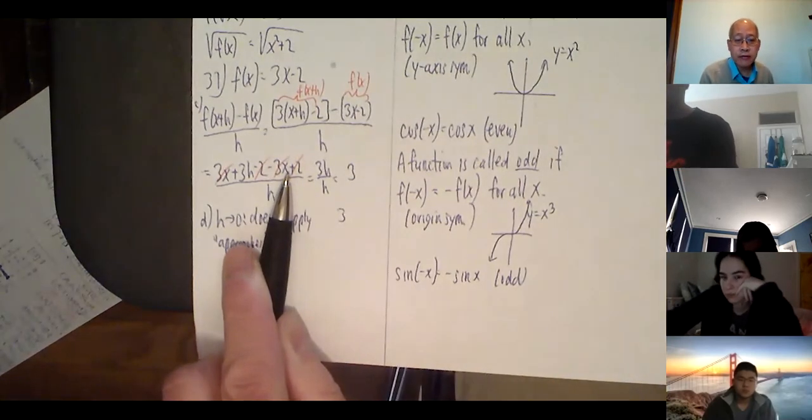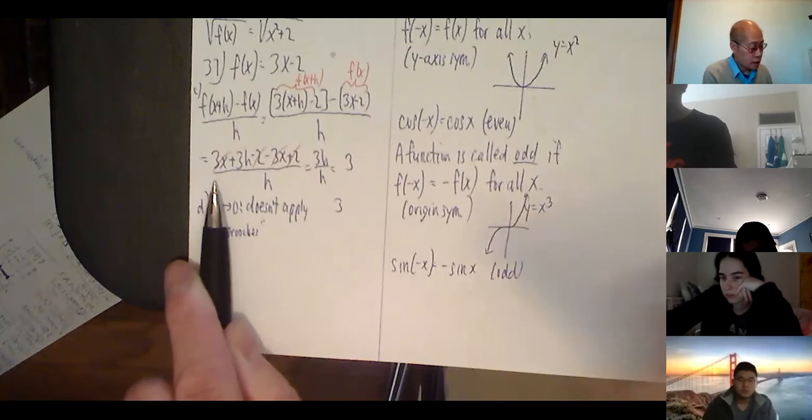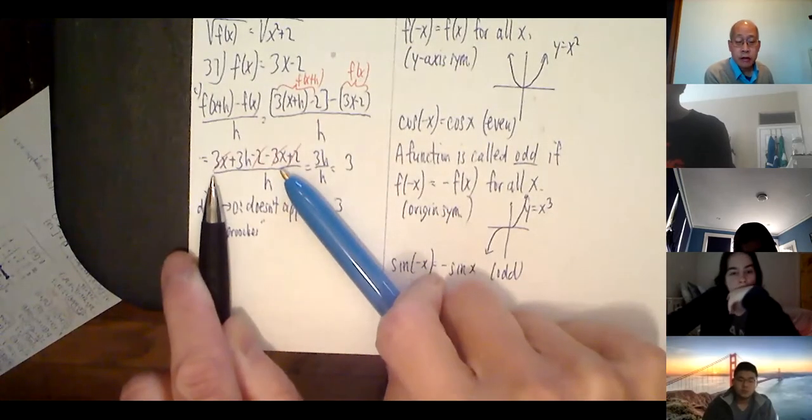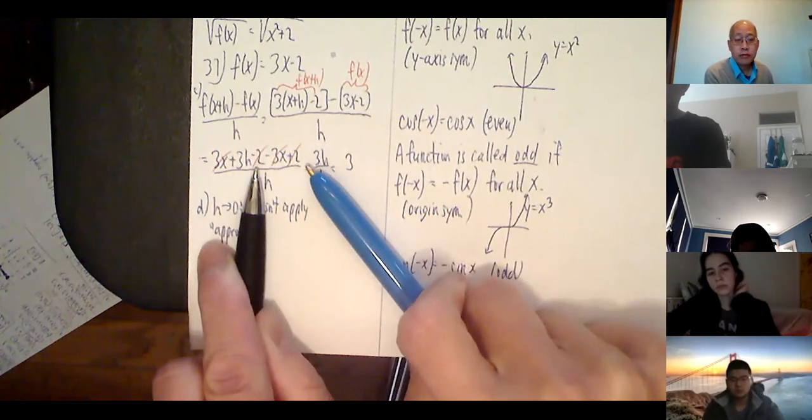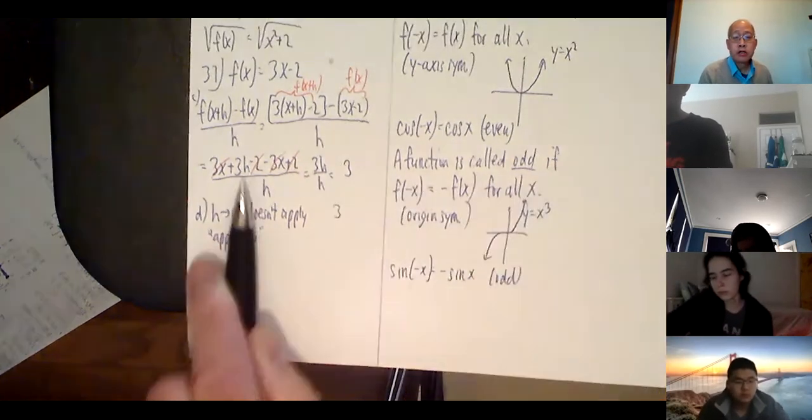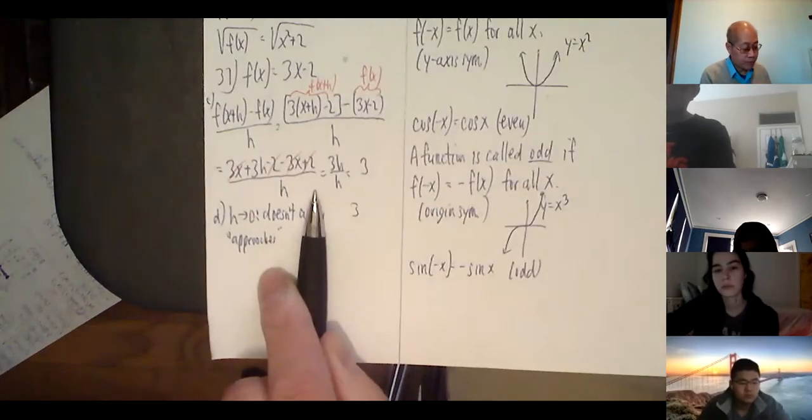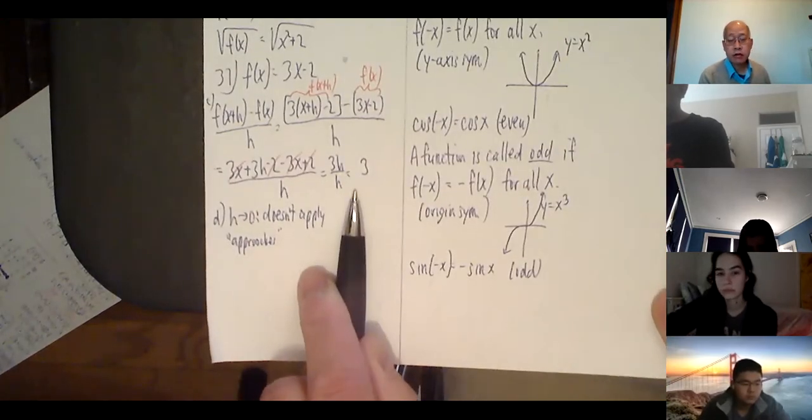Everything cancels out except for the 3h. That cancels with that. Do you agree? 3x minus 3x. Negative 2 plus 2 cancels out. So I just have 3h over h, and 3h over h is 3. So the final answer is 3.